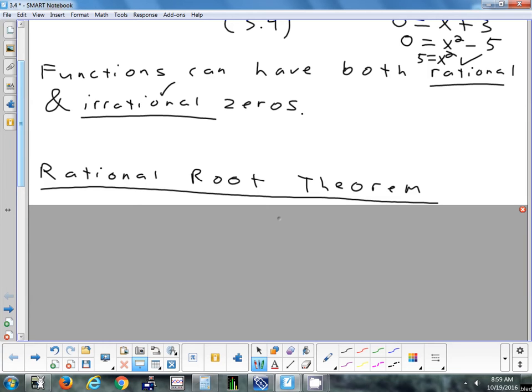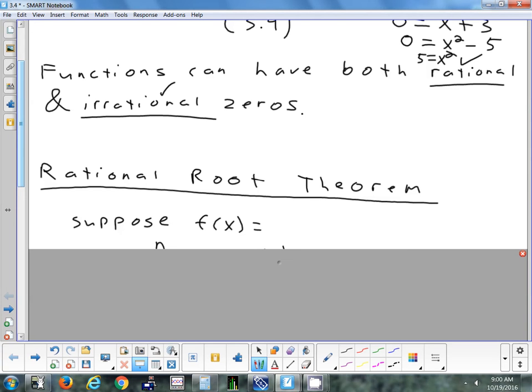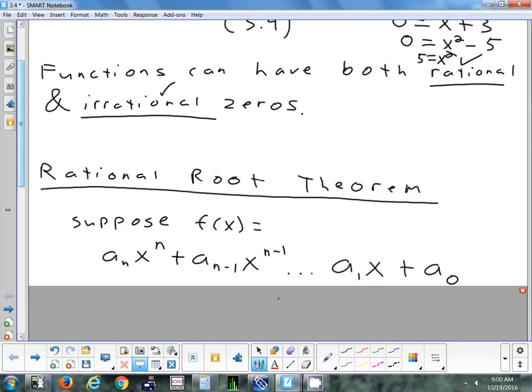All right, so in order to find all the roots to a polynomial, to an equation, that are fractions, we're going to use what's called the rational root theorem. We're going to start out by saying, suppose we have some polynomial. It could be like 8x cubed plus 7x squared minus 5x plus 6.